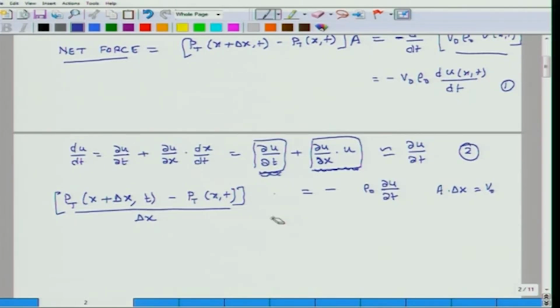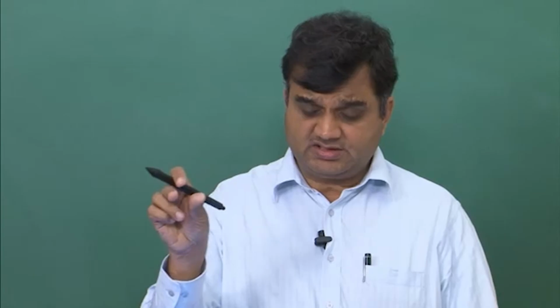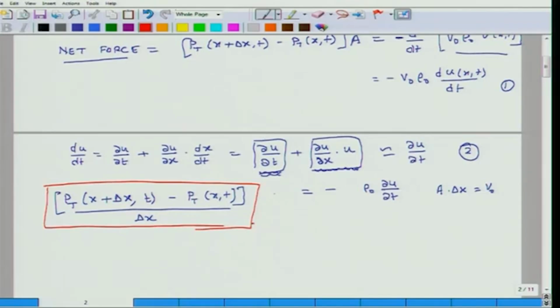And if I take the limit of this entire term, which is in the red box, as delta x approaches 0, then this becomes partial of P t, which is a function of x and t, with respect to x. So, essentially I can rewrite equation 2 as del P t over del x equals minus rho naught del u over del t.